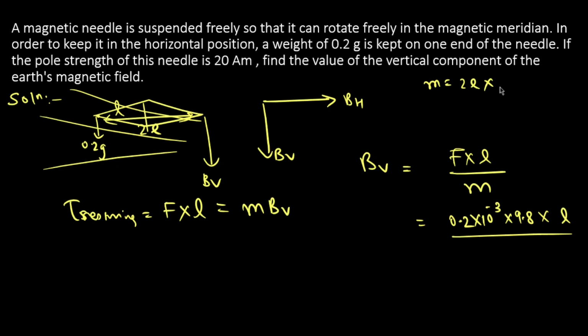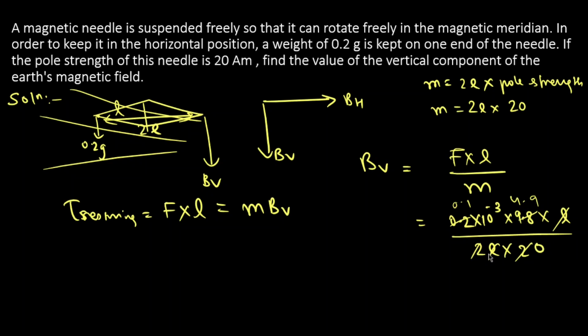So M will be 2L into pole strength, which is given to us as 20 ampere meter. So let's put this value. M will be 2L into 20. So 2, this will be 0.1, L will get cancelled, this will be 4.9 into 10. So calculating this, we get B_V equal to 4.9 into 10 raised to minus 5 Tesla.